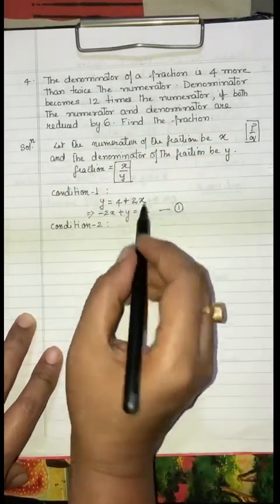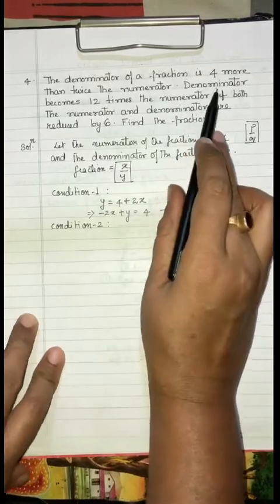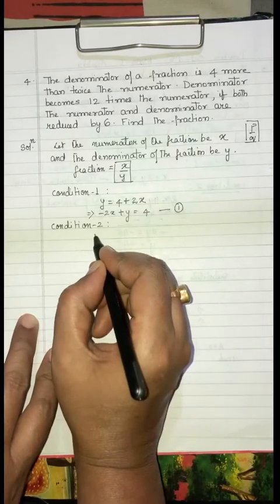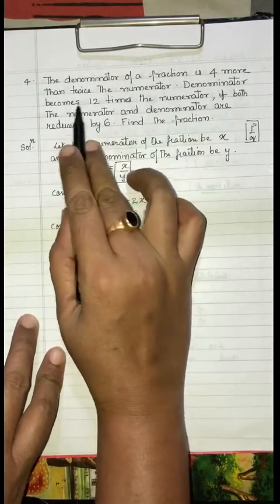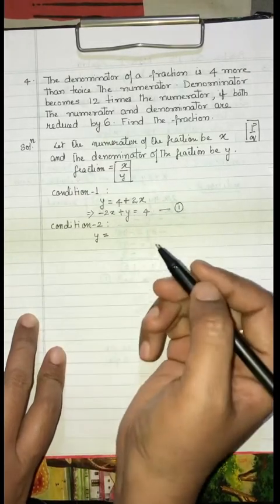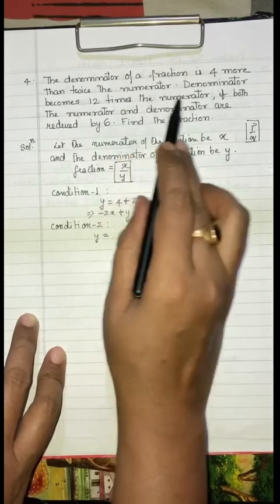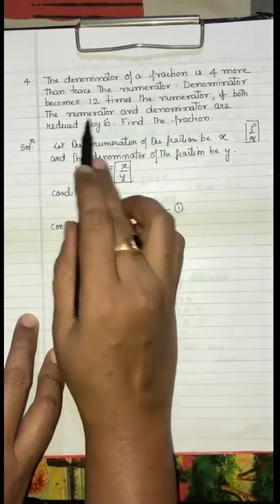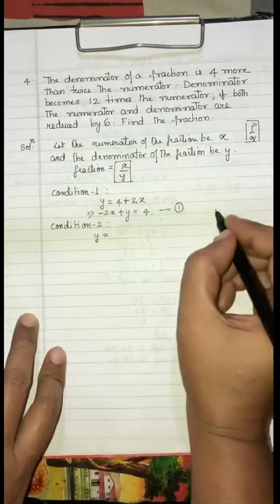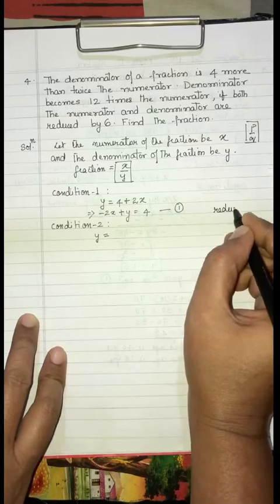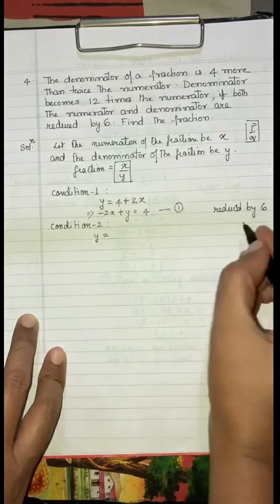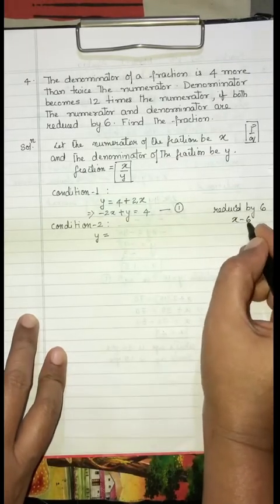Denominator becomes, what is the denominator, children? How the words are given, you have to write the equation accordingly. Denominator means y, becomes 12 times the numerator if both the numerator and the denominator are reduced by 6. Reduced by 6 means the numerator is reduced by 6, means x minus 6.